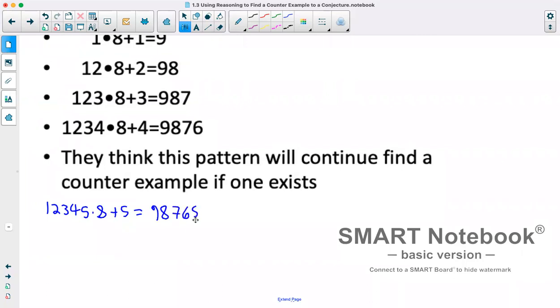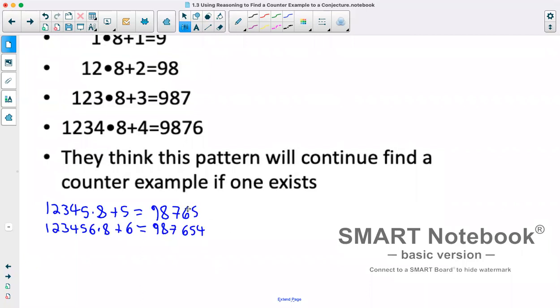So that's still following that pattern. We'll try one more. So 1, 2, 3, 4, 5, 6. So 123,456 times 8 plus 6 gives us 987,654. So the pattern seems to be holding up.